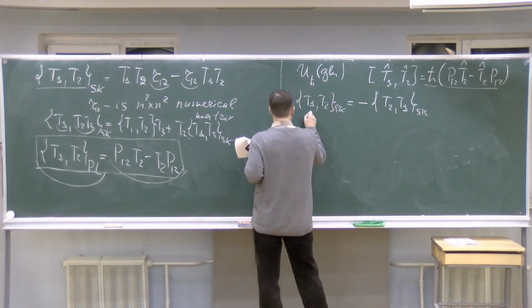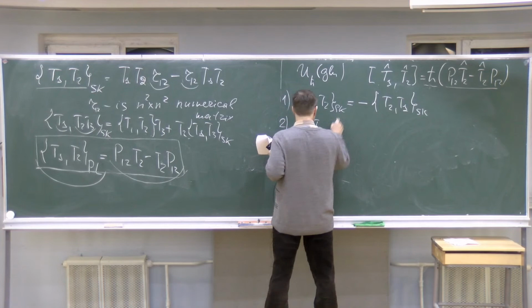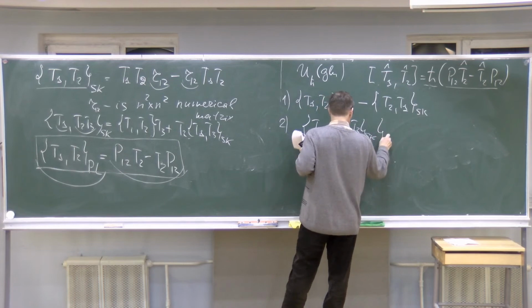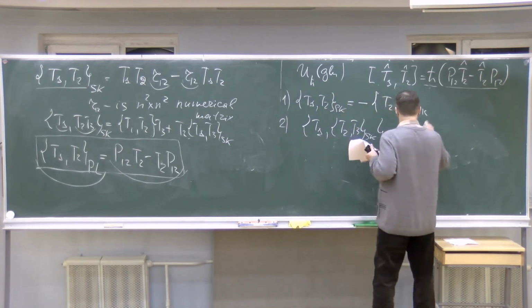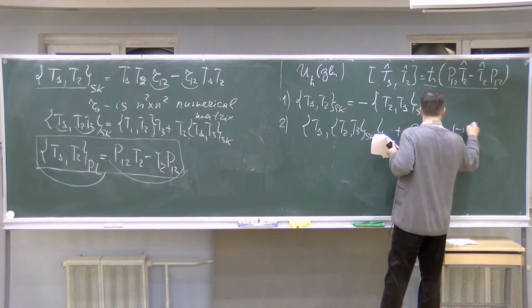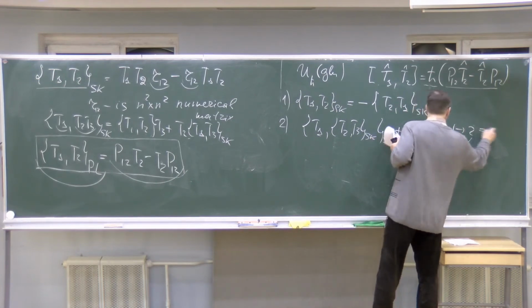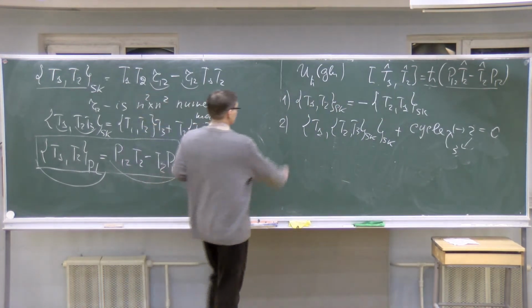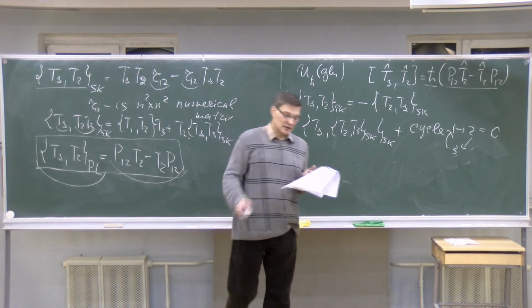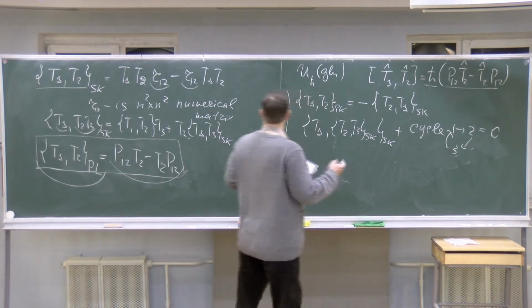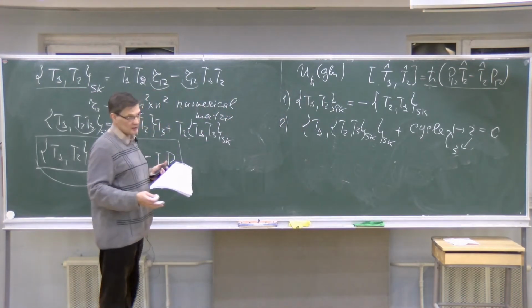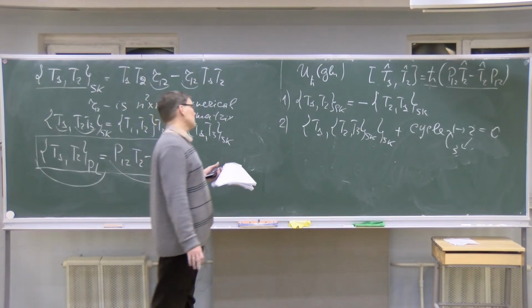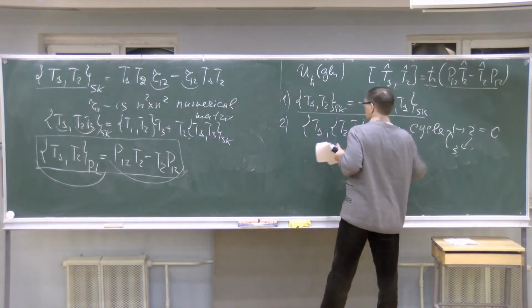And the second one: the bracket of T1 with the bracket of T2 and T3, plus the cycle, 1, 2, 3, 2, 3, 1, should be equal to 0. Of course, these requirements are satisfied only if the matrix R is taken in a specific way. Not for any n squared times n squared matrix do we have such conditions. Okay, let us consider first this one.